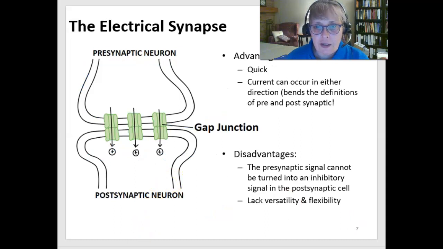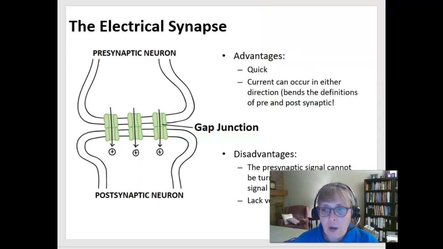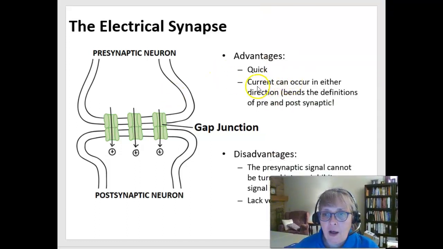So first, let's look at the electrical synapse. The advantage of an electrical synapse, and the current can go. Normally, we would call this the axon terminal of the presynaptic neuron, and this is our postsynaptic neuron down here.